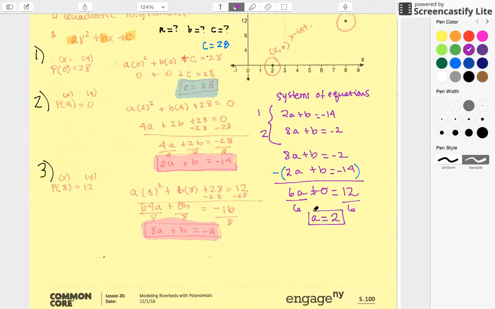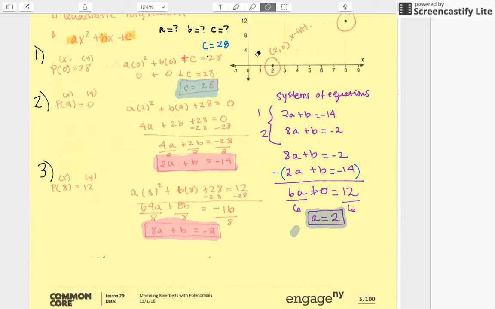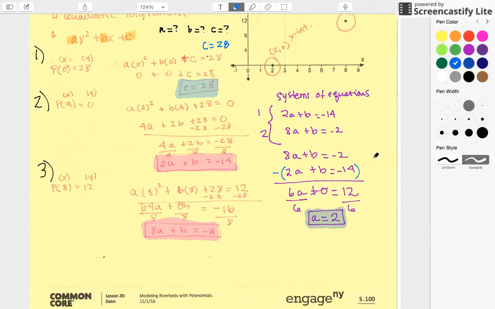So there's one of our pieces to our puzzle, and I'm going to go ahead and highlight this so we can see that. Okay, so then we can go ahead and continue. So we found what a is.